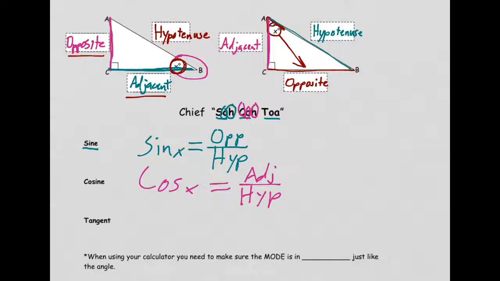And last but not least, we've got our tangent. Tangent of x equals, so T for tangent, O for opposite, so opposite over adjacent.